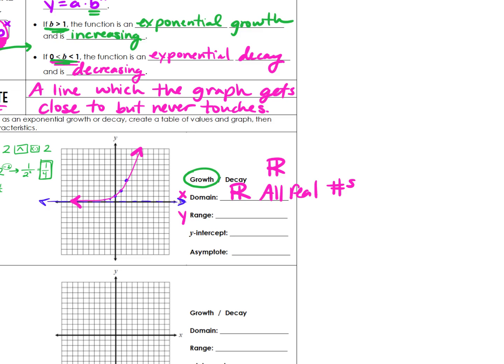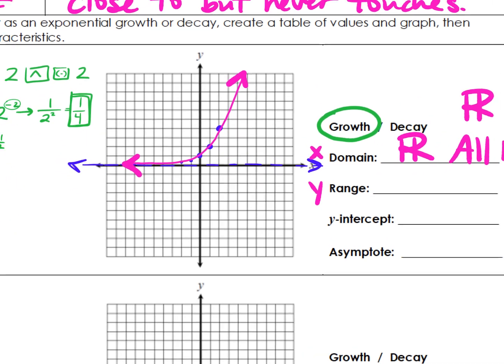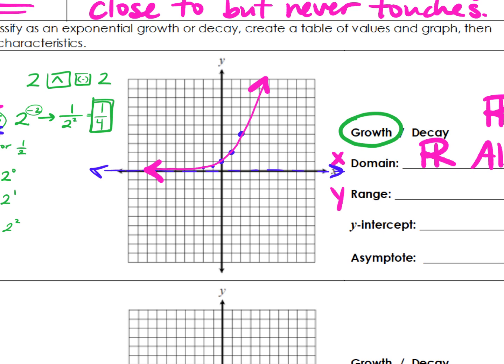You cannot, however, get anything for y. Let's think about that. If you look at this picture, where's our asymptote? What y value is this line through? 0, okay?